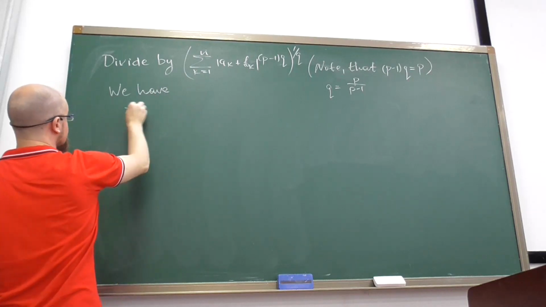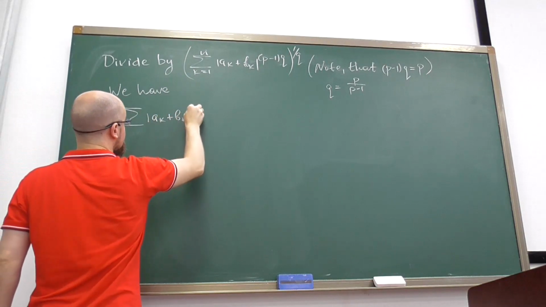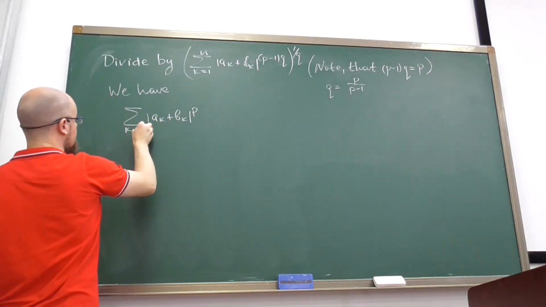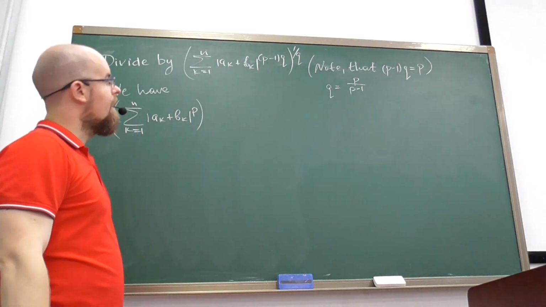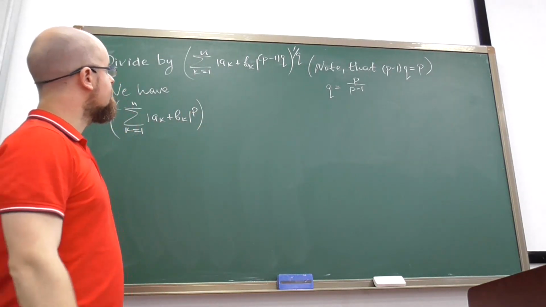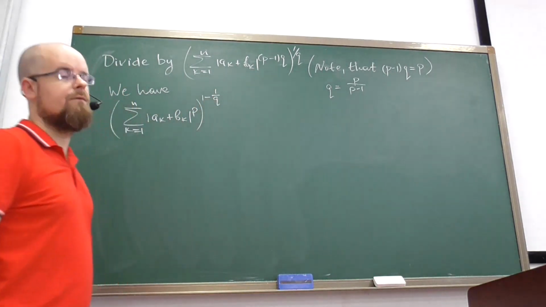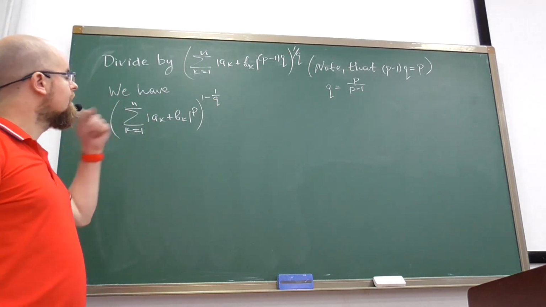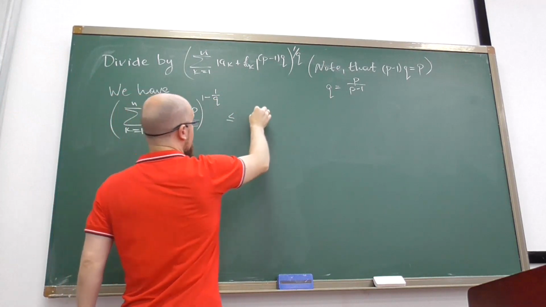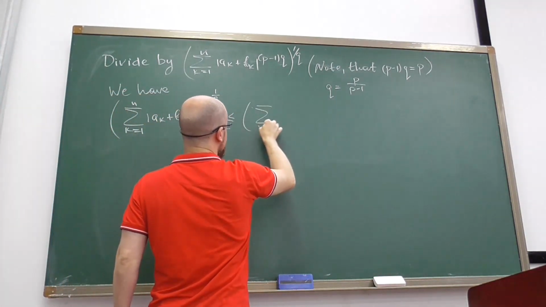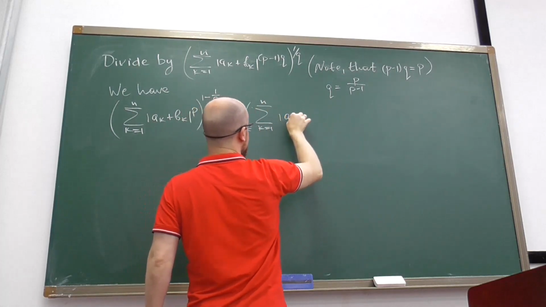So on the left we have the sum of (a_k plus b_k) to the power of p, and the index of the power will be 1 minus 1 over q, which is nothing but 1 over p, and we know that it is less than or equal to all that's left on the right-hand side.